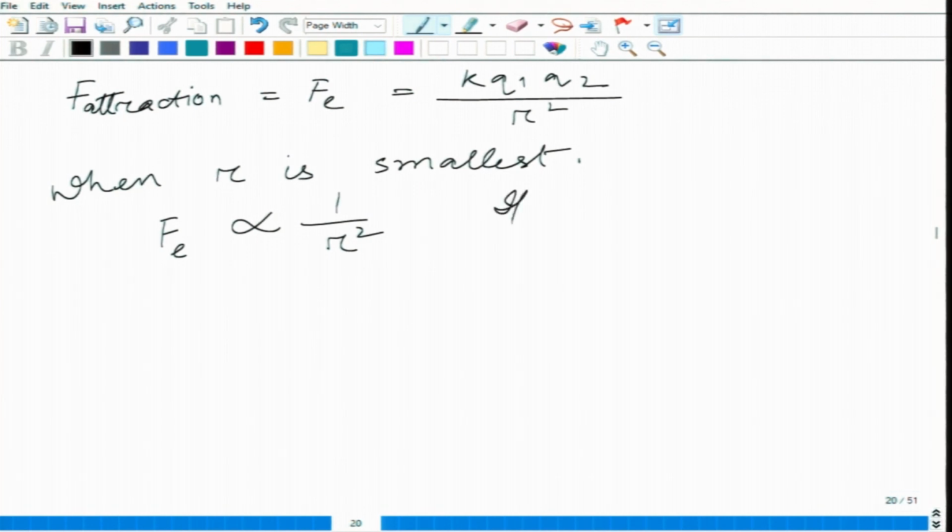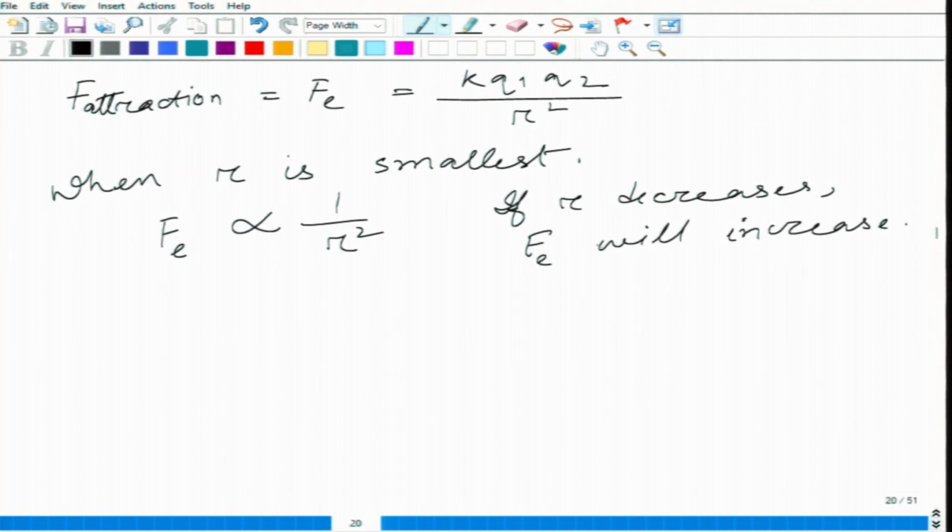That is, if R decreases, Fe will increase. That is, as the radius of the orbit decreases, the force of attraction will be greater.